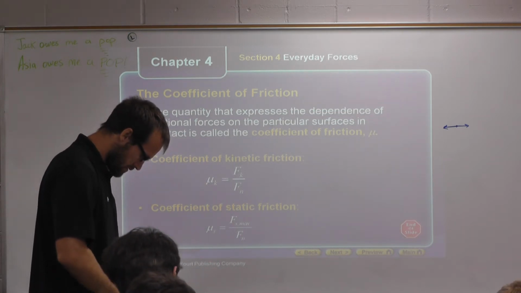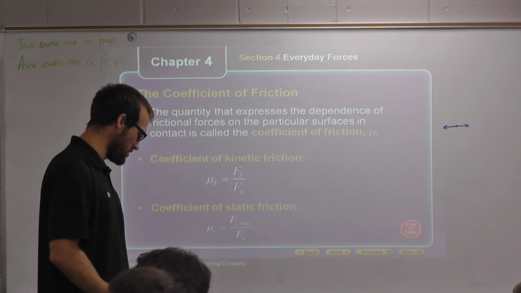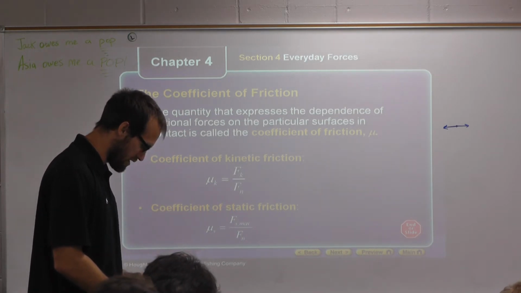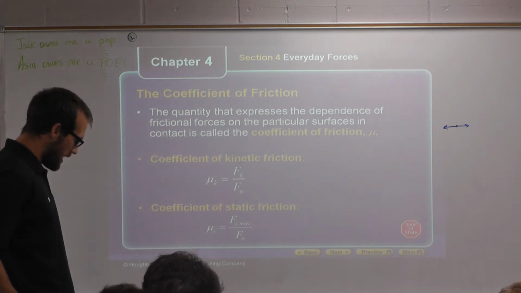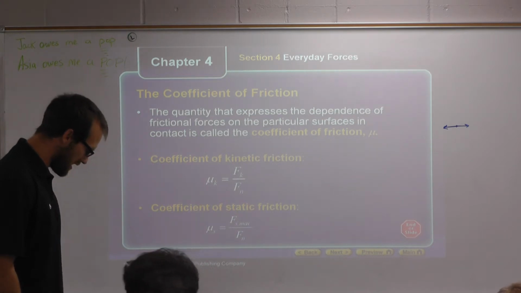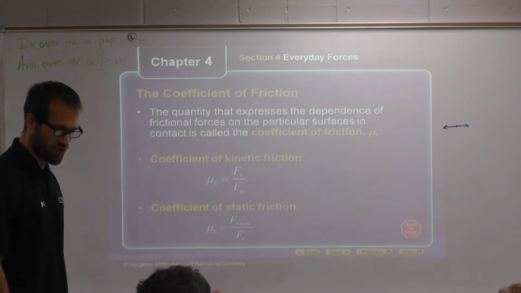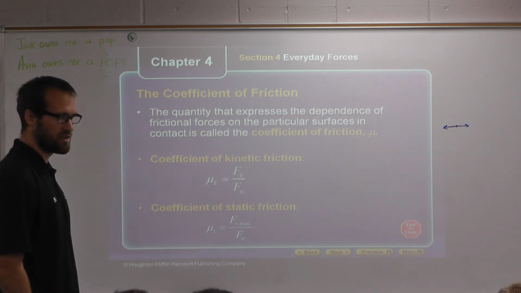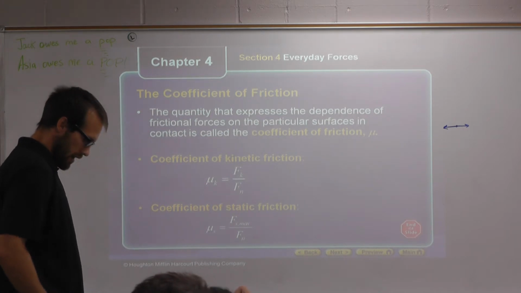We have some in our notes, probably taken right out of the book. So you can see steel on steel, aluminum on steel, rubber on dry concrete. Obviously this isn't an exhaustive list, but you should have enough of these to be able to answer any problems dealing with this.